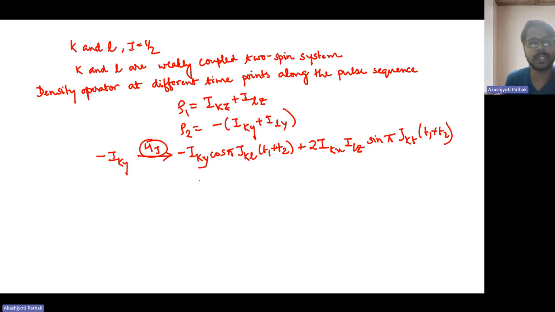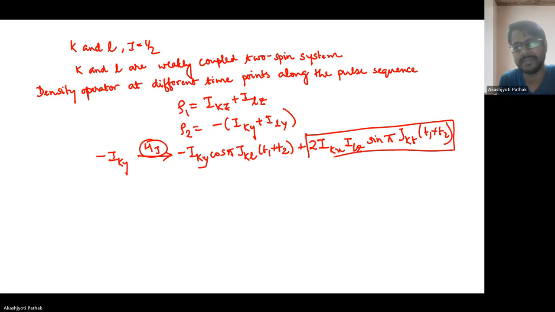Now, if you look at this equation, the second term, this one, represents the antiphase magnetization. So what does it represent?